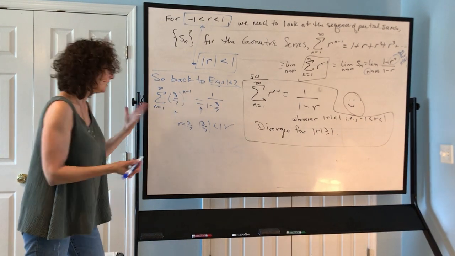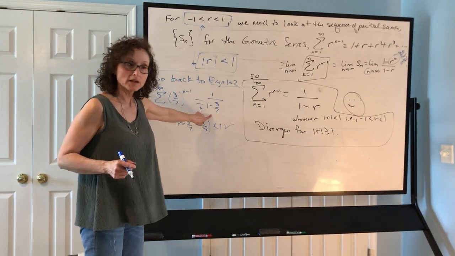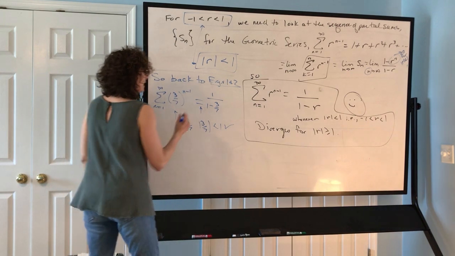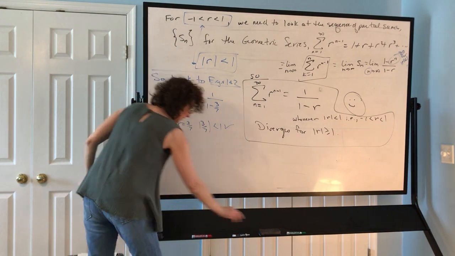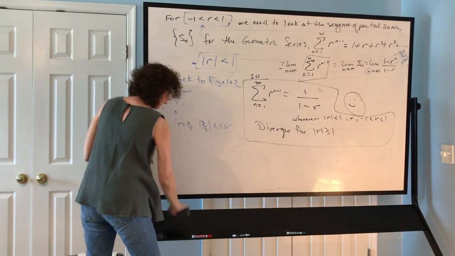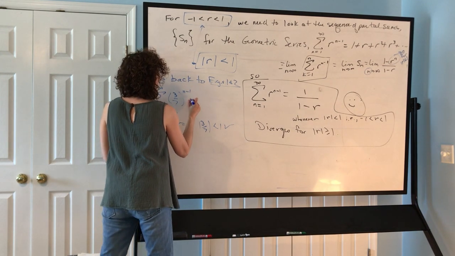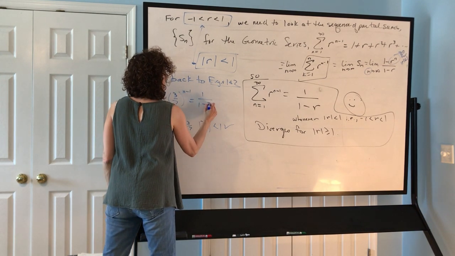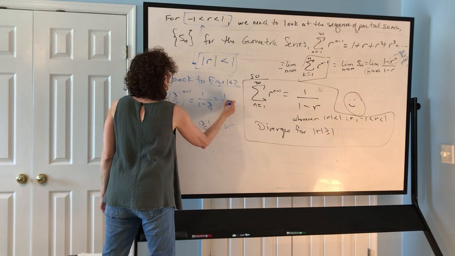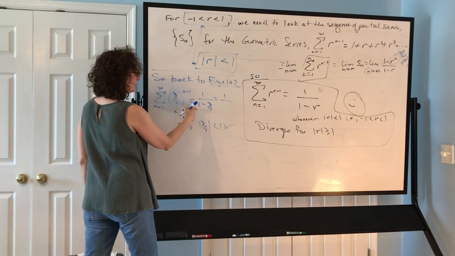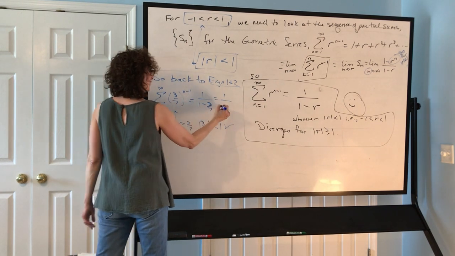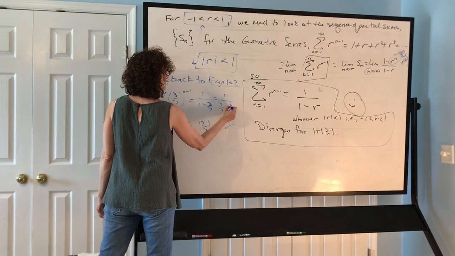That's awesome. But we're not going to leave our answers like this, because we're good at fractions now. So, let me give myself a little more space. What do we have? 1 over 1 minus 3/7. That's 1 over, what is 1? The same as 7/7. I'll do this all out for one time.